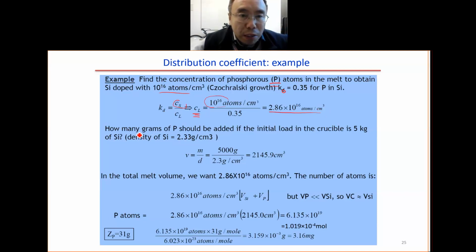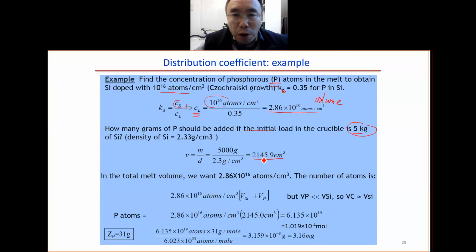Next, we want to know how many grams of phosphorus should be added to the load of 5 kilograms in order to have this dopant concentration. We have the number of atoms per volume, so we need to find the volume of this 5 kilograms of silicon. The volume is the mass divided by the density, which gives this number.